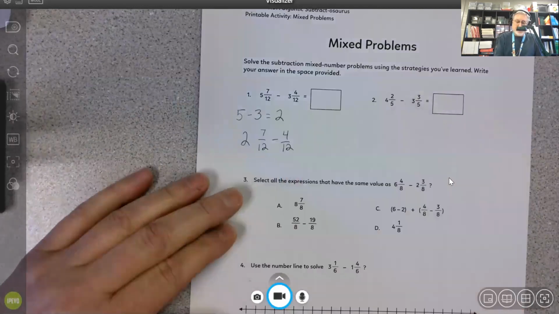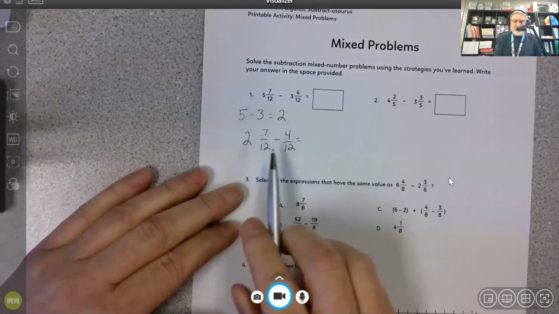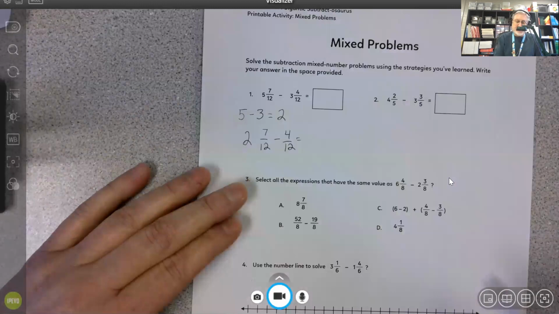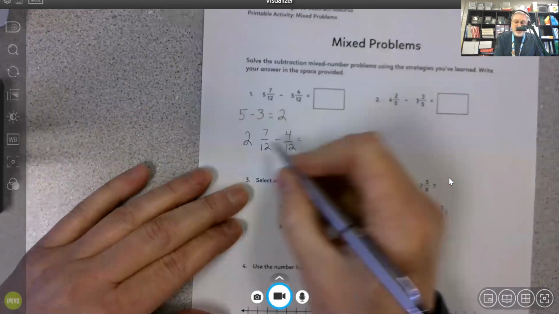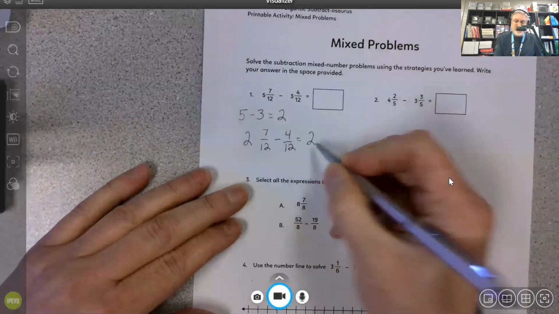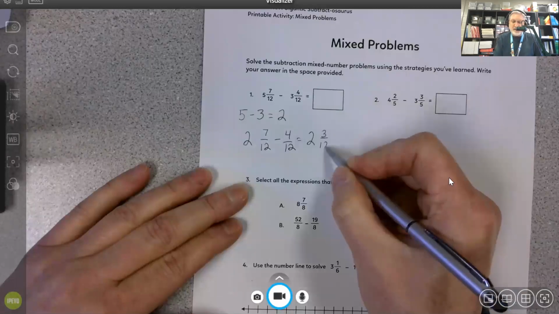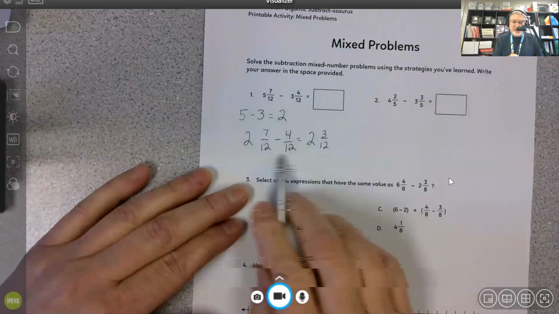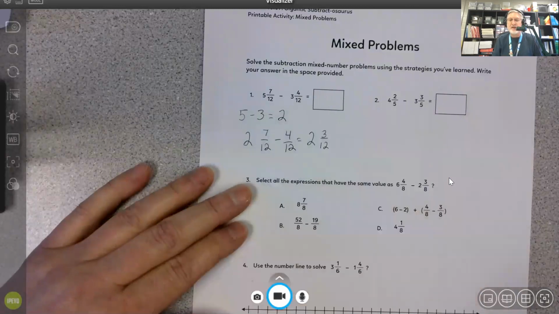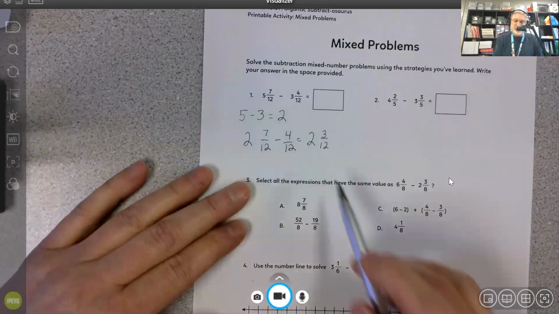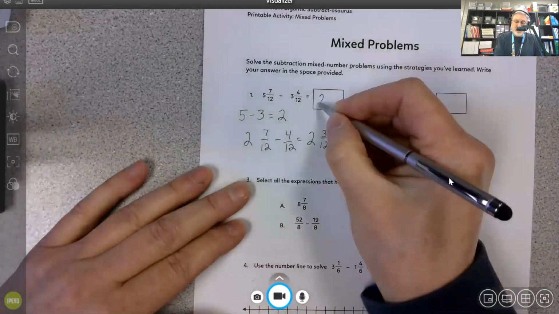Okay, so can I take 4 from 7? Yes, I can. So I bring my whole number 2, and 7 minus 4 is 3. And again, my denominator will still stay the same because it's like denominators, they are common. So then my answer will be 2 and 3/12.